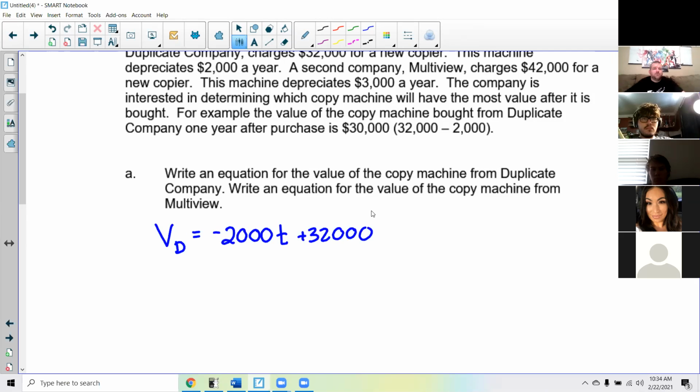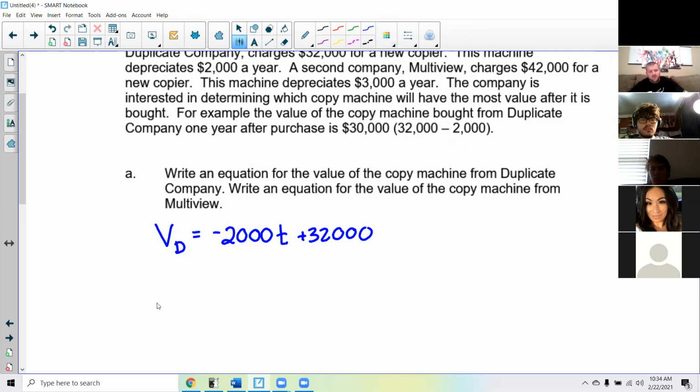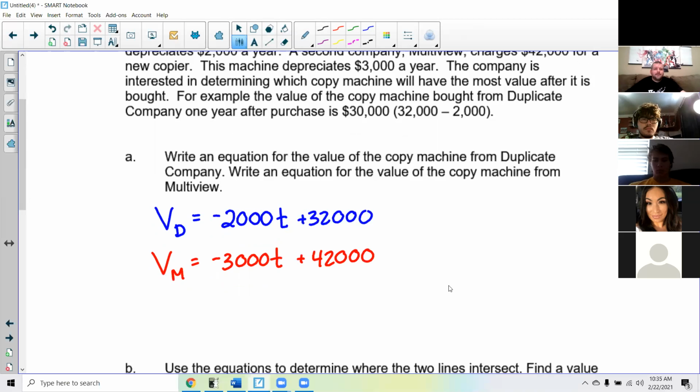That's the value of the Duplicate copy machine based on years after purchase. The value for Multiview goes down $3,000 a year. I mean, negative 3,000 T plus 42,000.